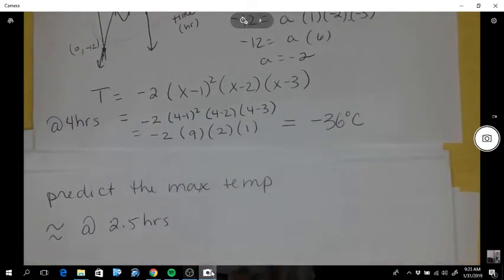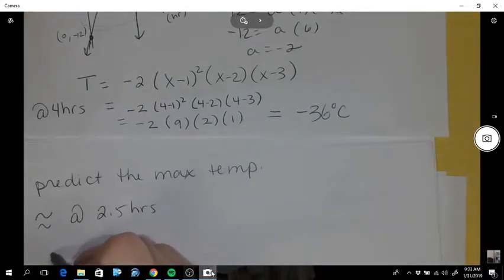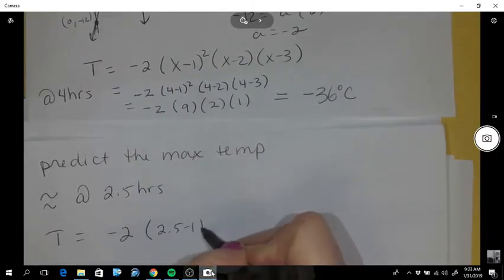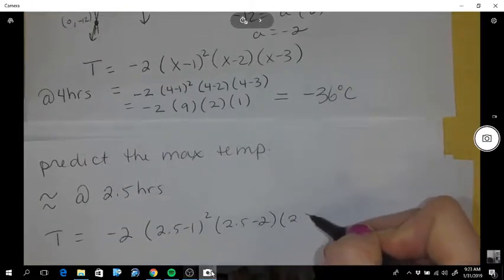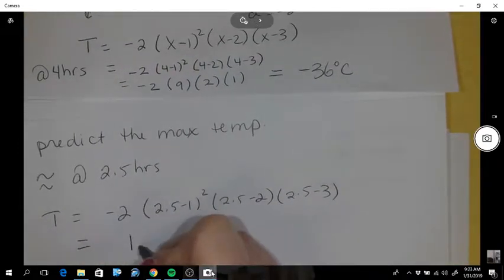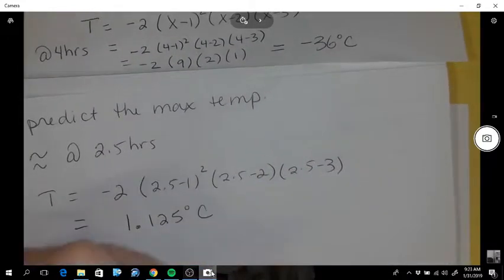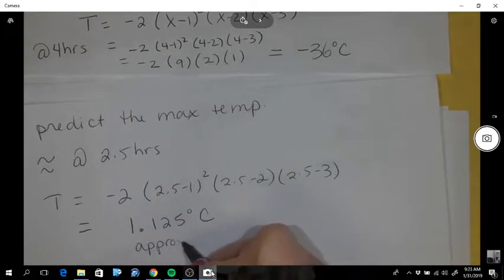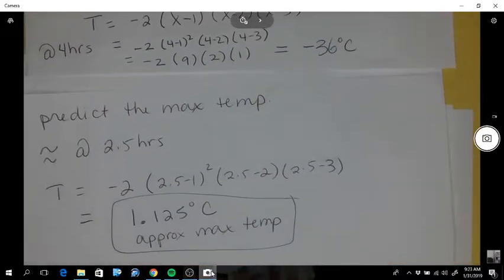But because this is just saying to estimate, we can use approximately 2.5. So now when you plug that in, you get -2 bracket 2.5 minus 1 squared, 2.5 minus 2, and 2.5 minus 3. So calculating that, the temperature is 1.125 degrees Celsius. So that is approximately the max temperature.